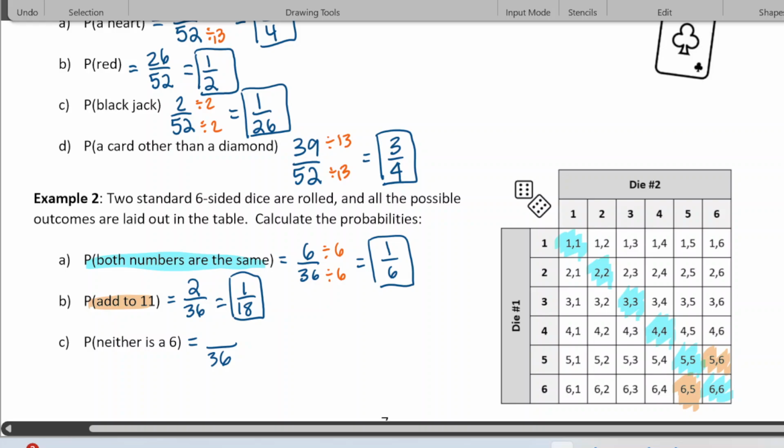Okay, let's highlight all of those. I'm going to do that in green. So that would be like all of these. That's a lot. It's almost easier to count the ways you can't do it. So we have a 5 by 5 grid here that I've colored in green. So that's 25 out of 36. And that doesn't reduce. So we can just leave that.